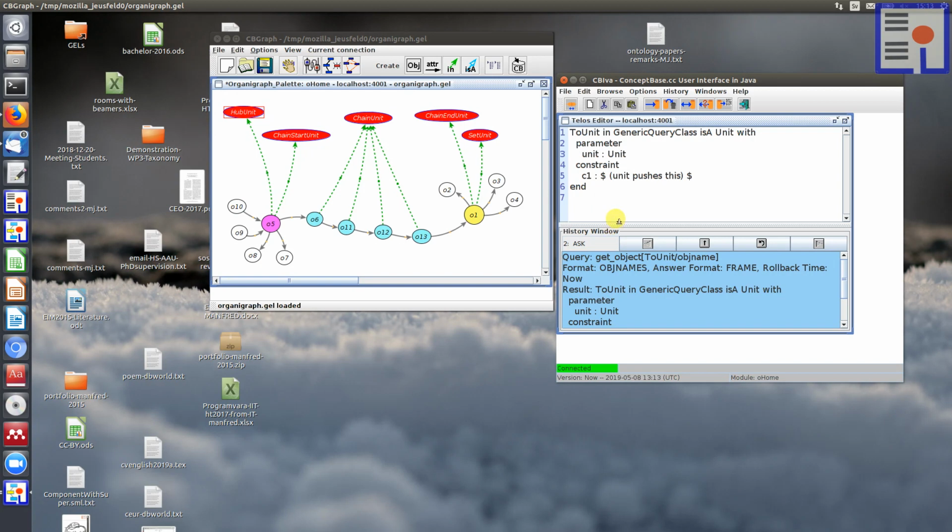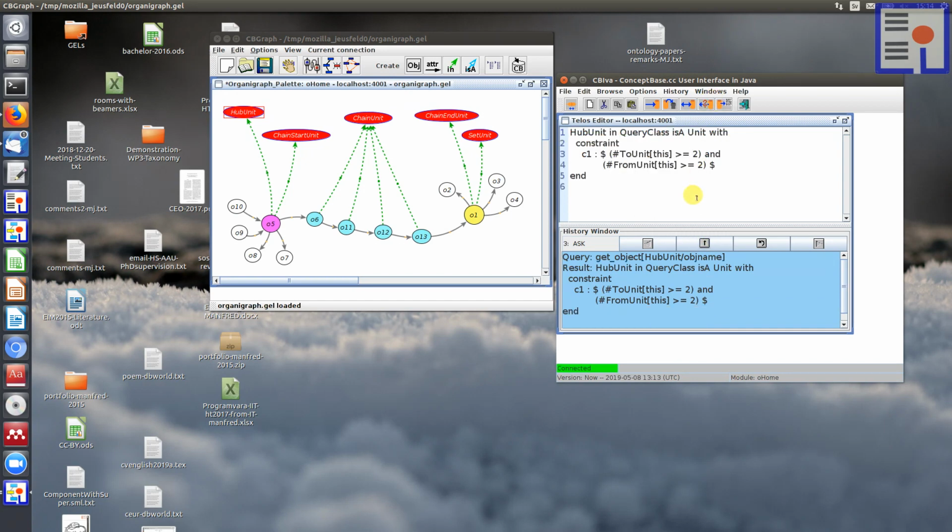So a 2 unit is a unit that is receiving something from the given start unit. So that's this unit here. Let's go back to the previous one. The symbol hash here counts something.